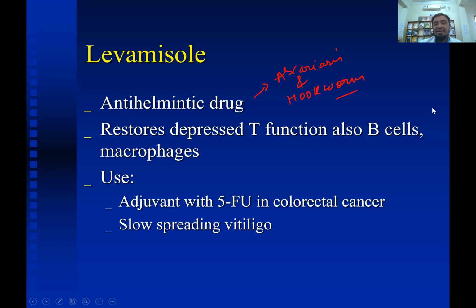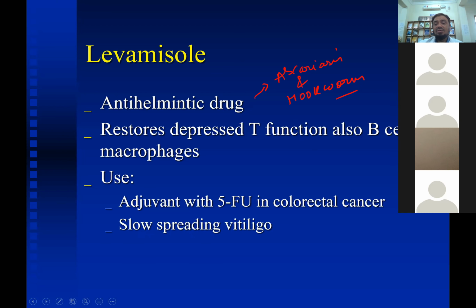Use: it is combined with 5-fluorouracil. It is not used as a single drug. It is combined with 5-fluorouracil in the treatment of colorectal cancer, and it is a drug which can be used for vitiligo. Do you know what vitiligo is? It is an autoimmune disease where there is skin discoloration; the melanocytes, the pigment producing cells, are destroyed.